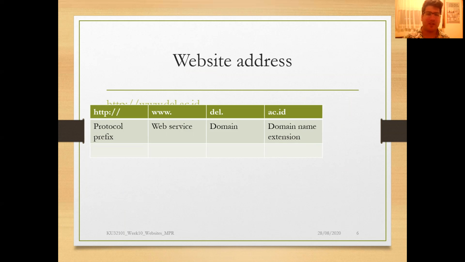Then we have the www, which is the web service. Then the next part is the domain, and the final part is the domain name extension. The domain could be the Dell, like the Dell Institute. But I want you to look those terms up and we're going to discuss them.